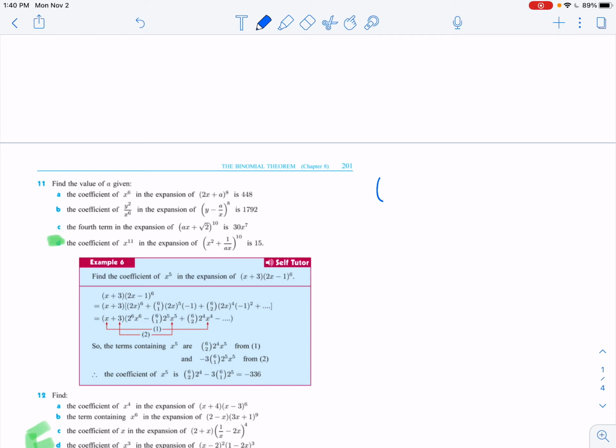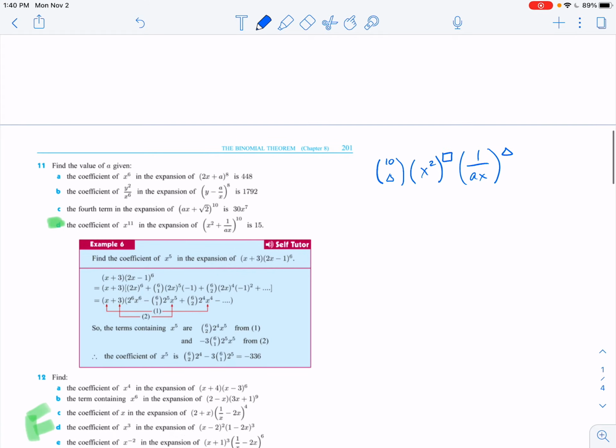So we've got 10 choose triangle, and then I have x squared to the box, and then I have 1 over ax to the triangle. We know that our box plus our triangle has to add up to 10. And here, this becomes 2 box, and this becomes -1.